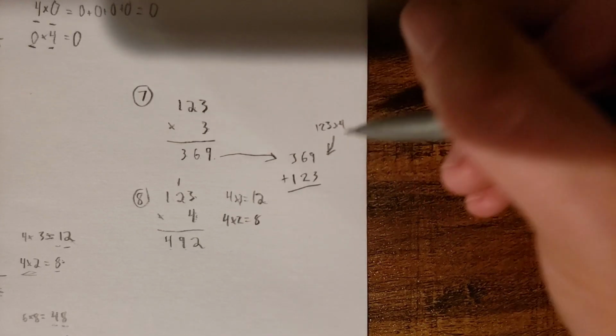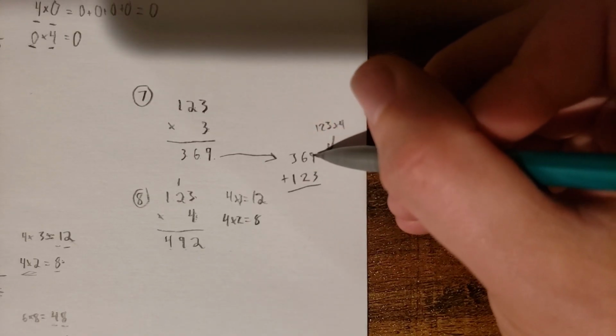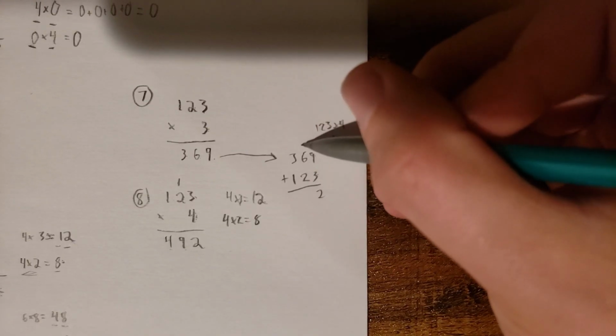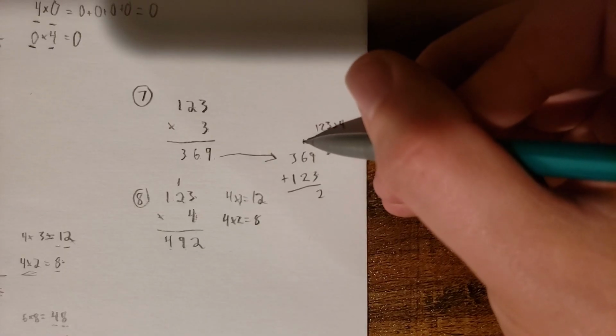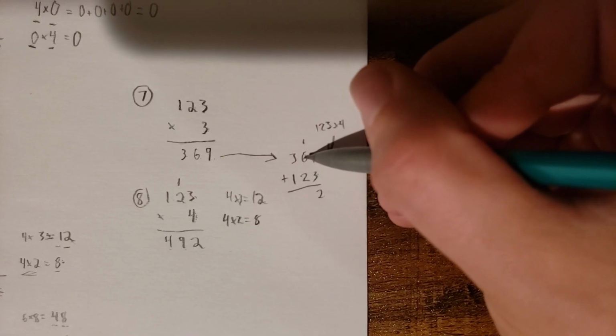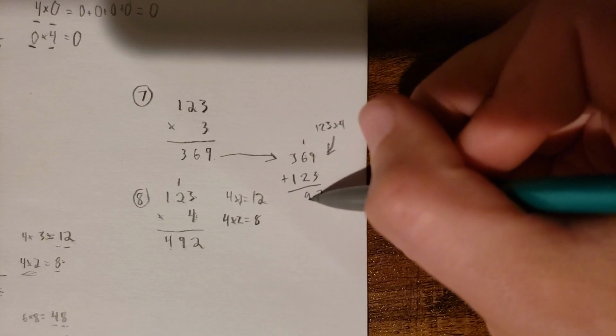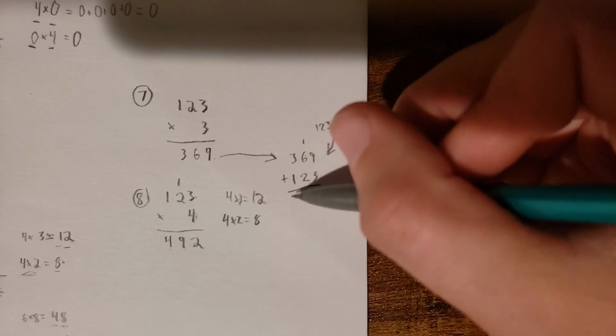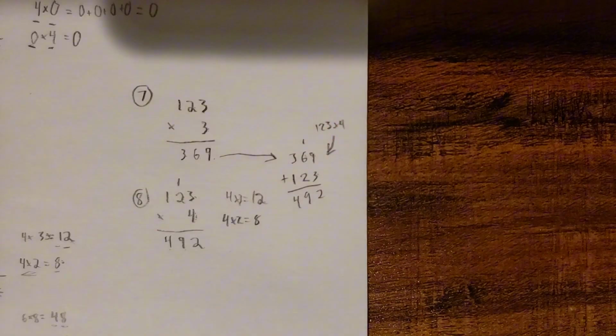That's effectively what this is. We'll see 9 plus 3 is 12. 1 plus 6 is 7. 7 plus 2 is 9. And then 3 plus 1 is 4. And that's more or less how this math breaks down.